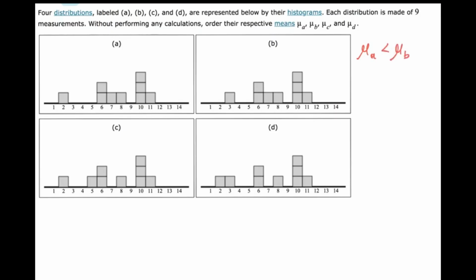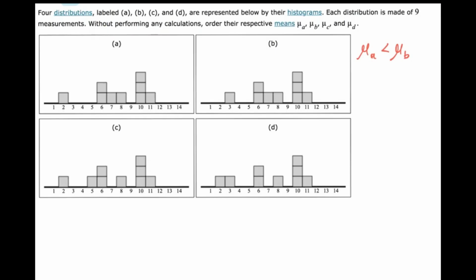I continue investigating the remaining histograms, and when I compare histogram A with histogram C, I notice that they're also almost identical. 2 is the same here. Elements at 10 and 11 are the same.